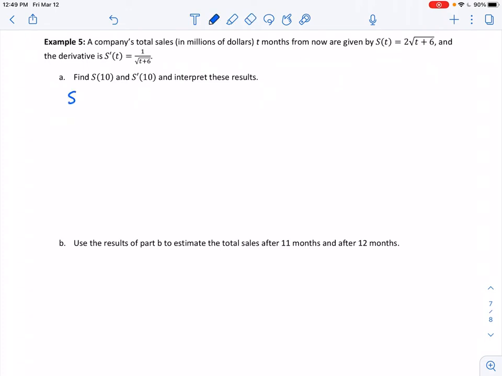If I want to find s of 10, I'm taking 10 and I'm plugging that into my original function for t. So that will look like 2 square root of 10 plus 6, and then I just want to simplify this and evaluate it. So 2 square root of 16, that's really 2 times 4, and that gives me 8.